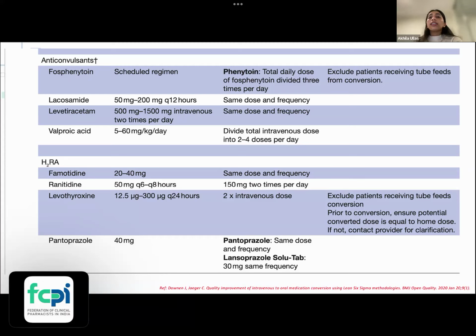And for valproic acid, there are no tablets available for that patient. So these are some of the examples. You can go through them, and there are lots of articles that will give you information about the transition from IV to oral and oral to IV.